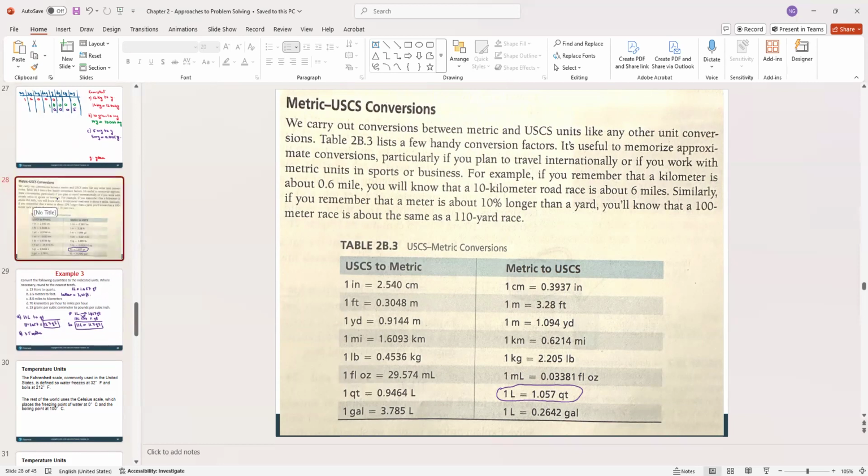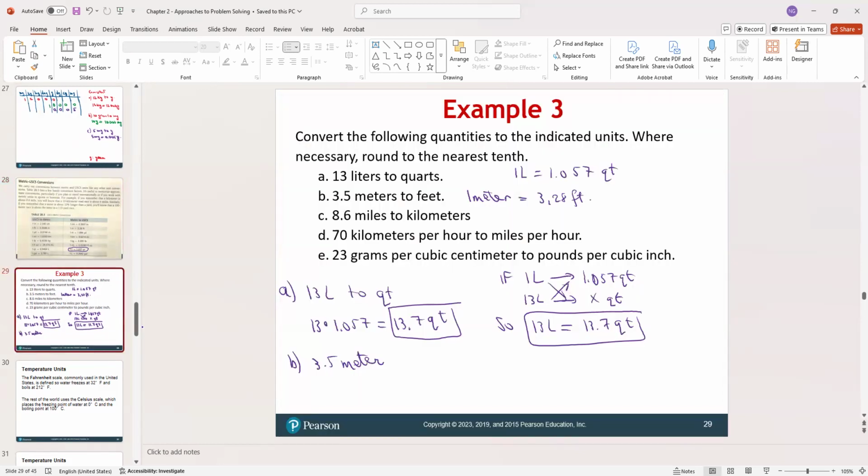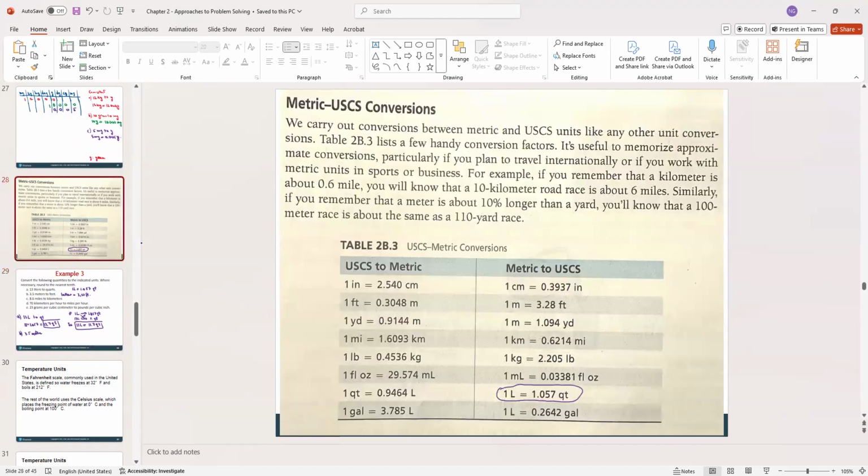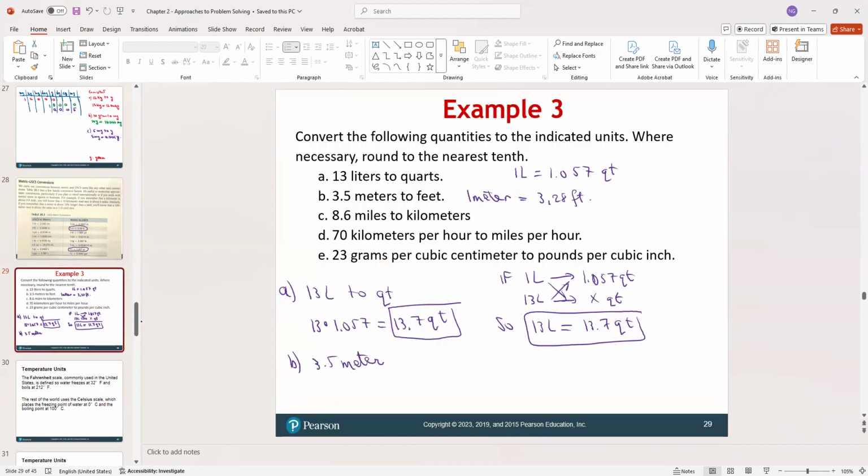The next exercise, we said B, you're going to convert meter to feet. Let's go back here. 1 meter, this is it, 3.28 feet. So all you need to do is take 3.5 meter and multiply it by 3.28.